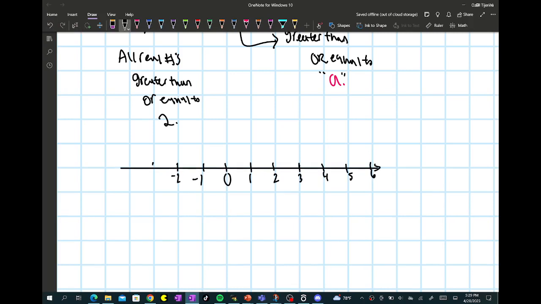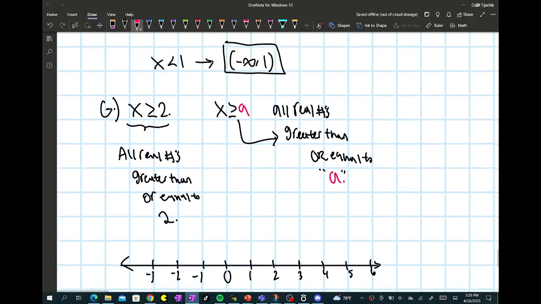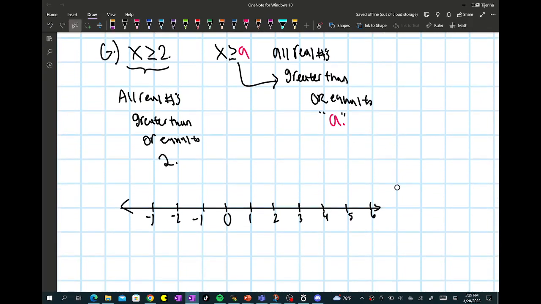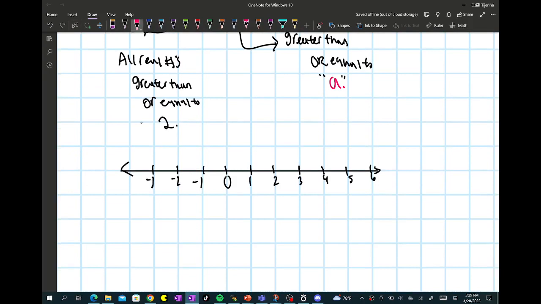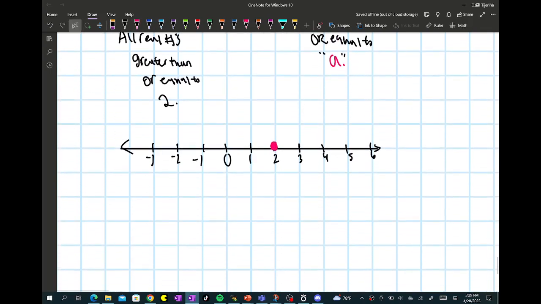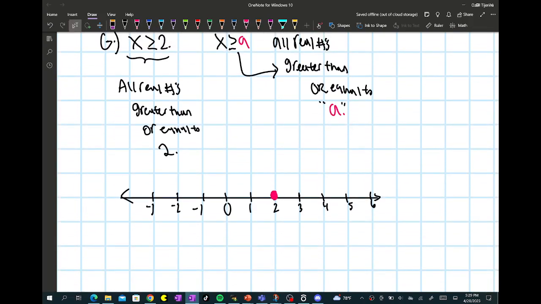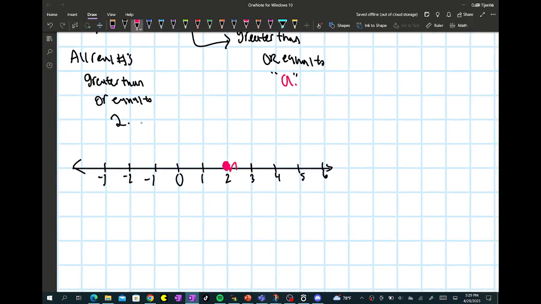So when you have x greater than or equal to a, basically we want all real numbers greater than or equal to 2. Again, the greater than or equal to implies that we are going to do a closed circle, a closed dot. So here is where we put our dot at 2, and then I'm going to shade to the right because I want all the real numbers greater than or equal to 2. So I'm going to do this.